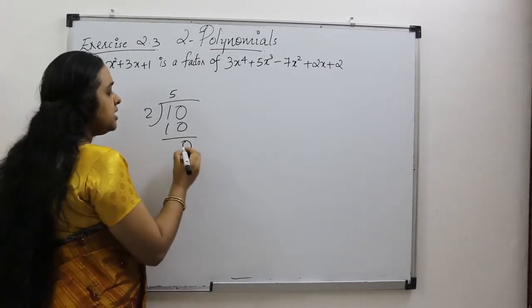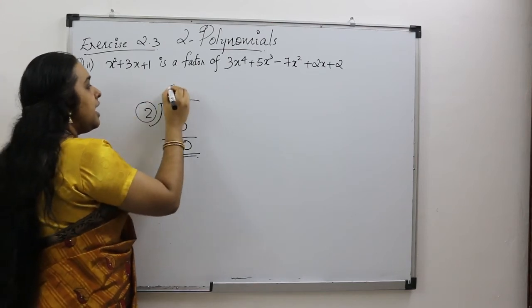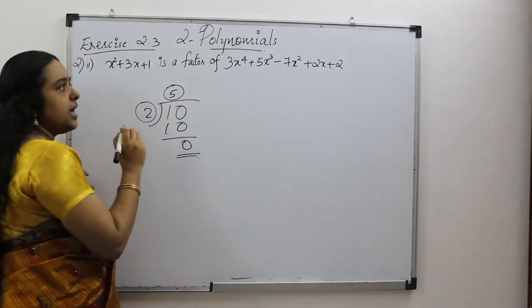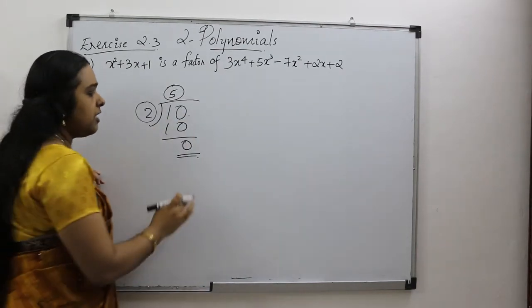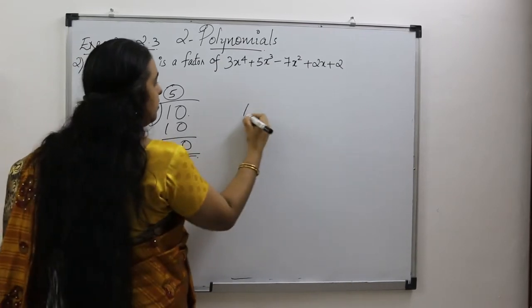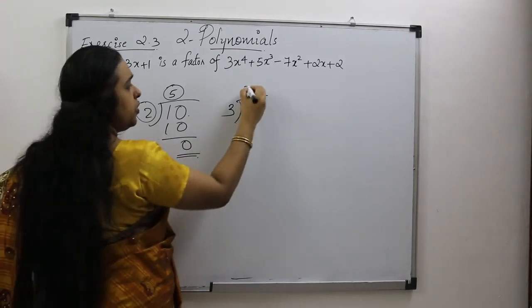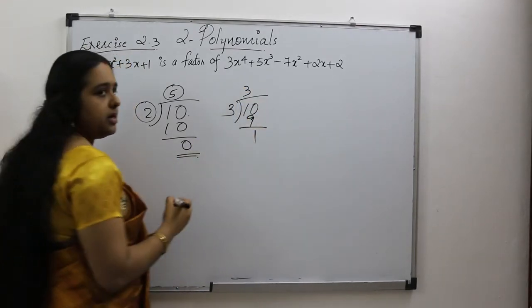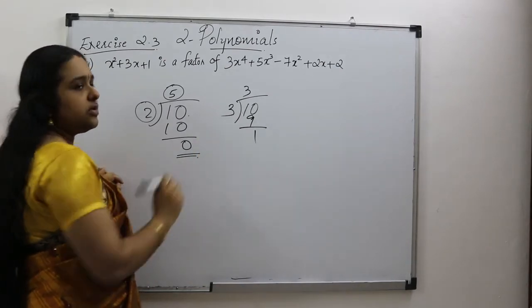If the remainder is equal to 0, then this divisor and the quotient can be said to be factors of our dividend, only if our remainder is equal to 0. For example, if I am going to divide 10 with 3, what is our remainder? Remainder is 1.